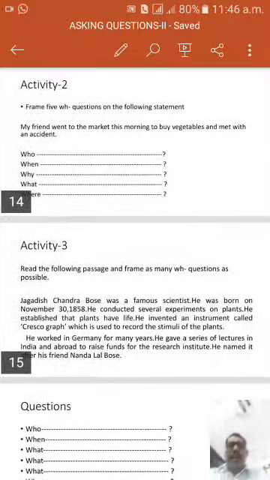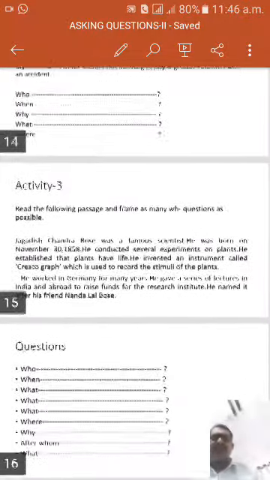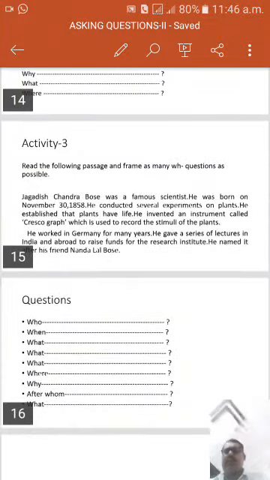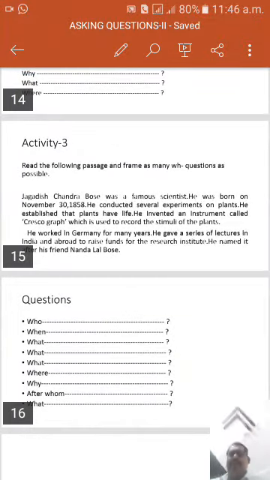In the last activity, a small passage is given. After reading this passage, we framed some questions. Questions like, who was Jagadish Chandra Bose?